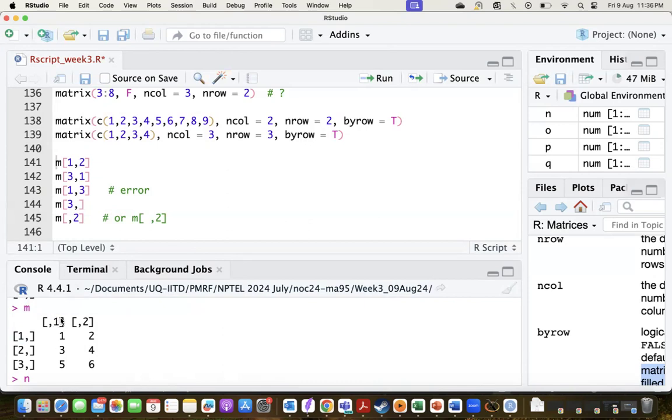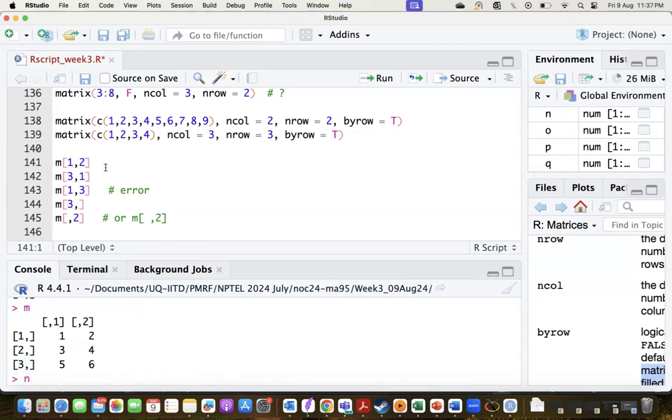So blank comma 1 means all the rows, but just the first column. Likewise, this means all the rows, but just the second column. And here it means first row, both columns, second row, both columns, third row, both columns.